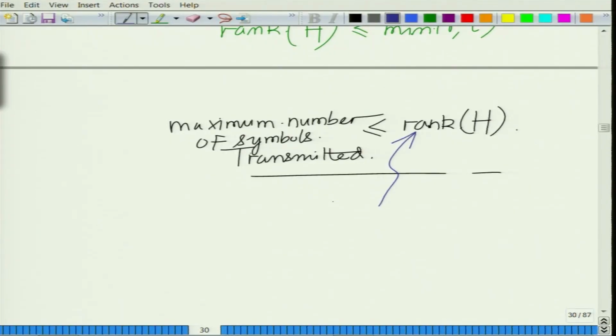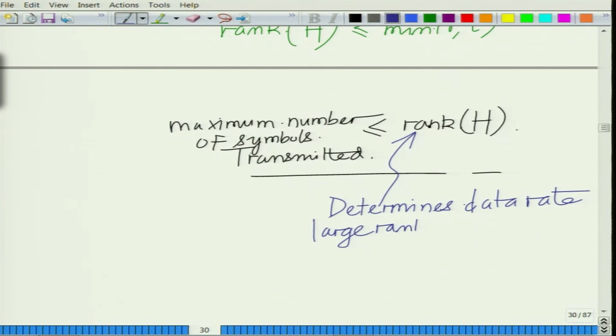Larger rank determines the data rate, large rank H implies larger data rate, right.